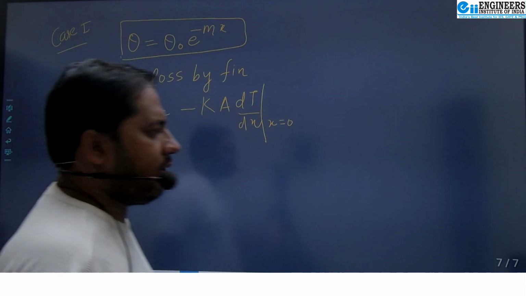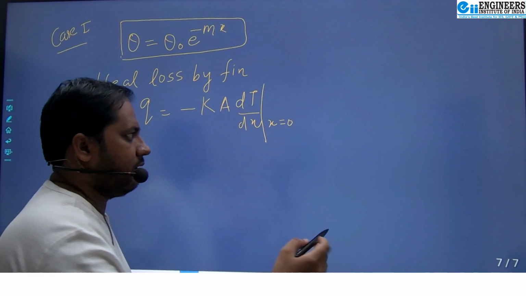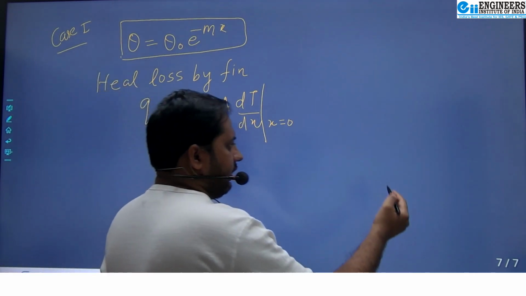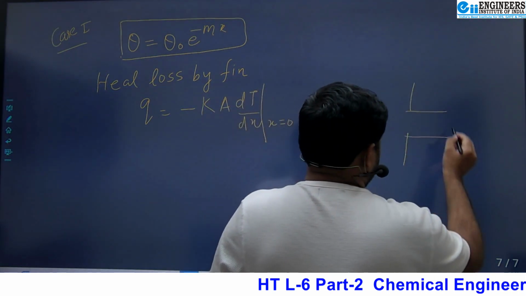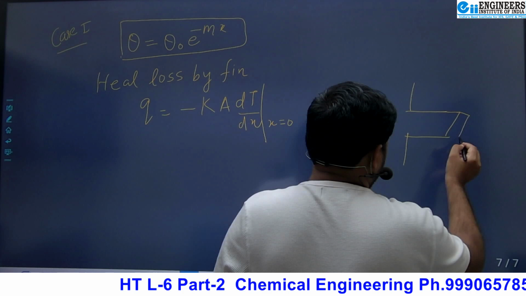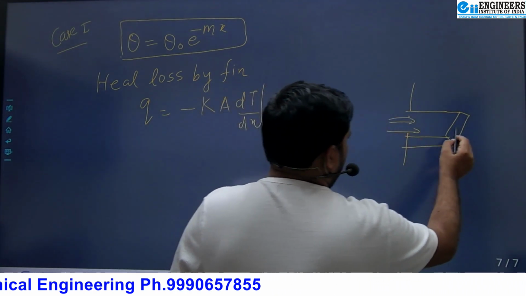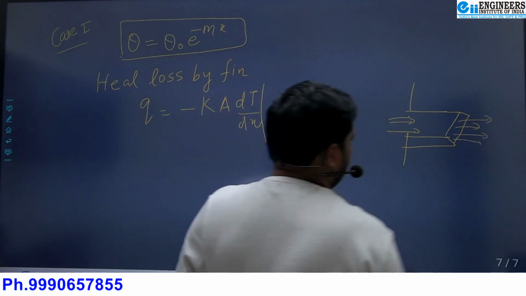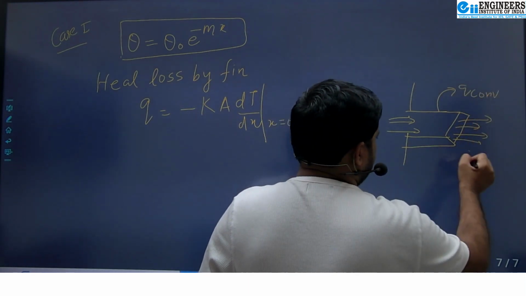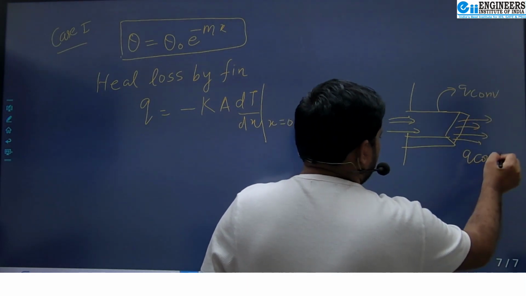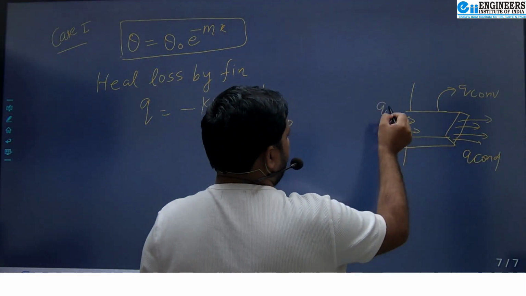If this is our fin, whatever heat is conducted here is either lost by conduction through the cross section or convected away by convection. Two modes of loss, but this amount is q at x equal to 0.